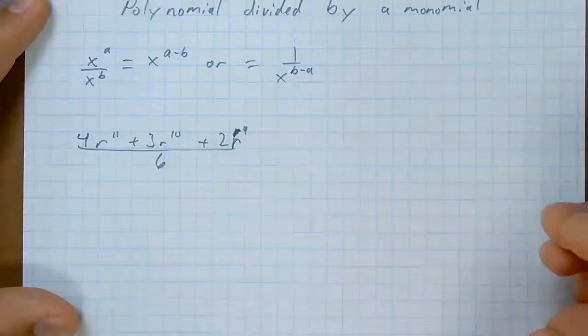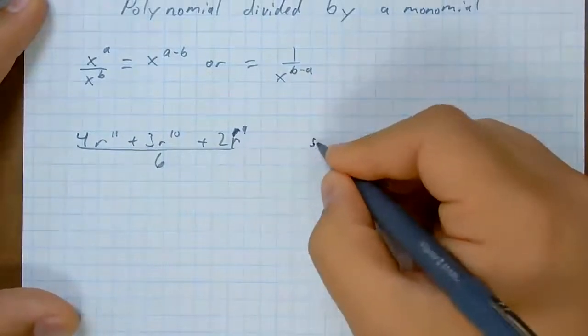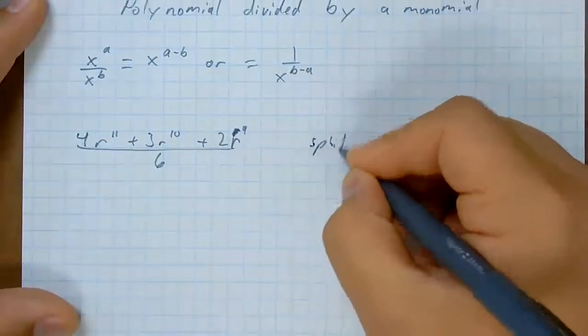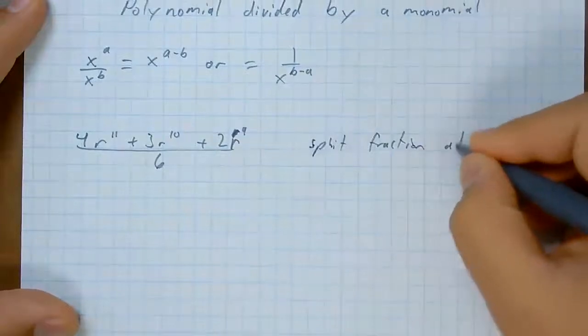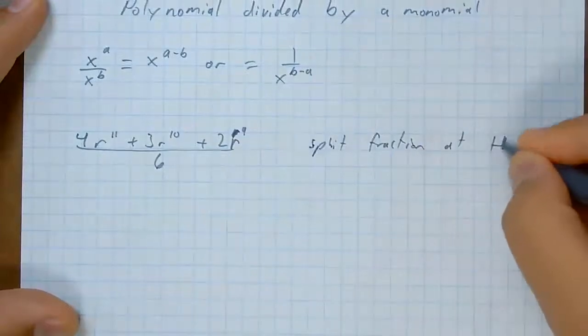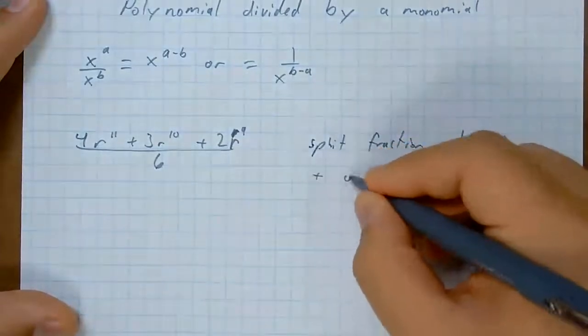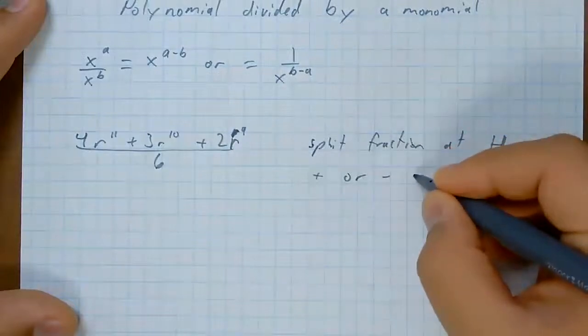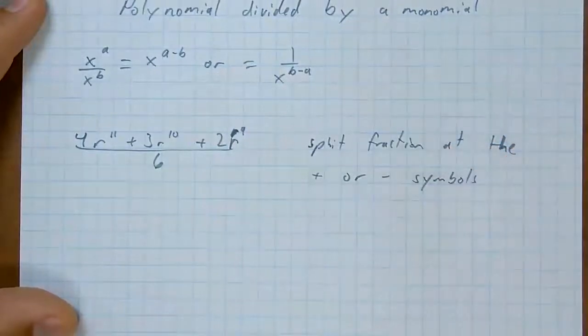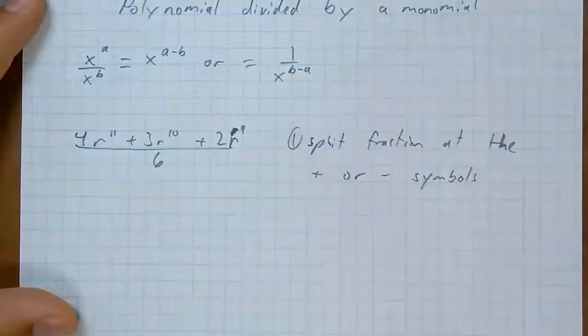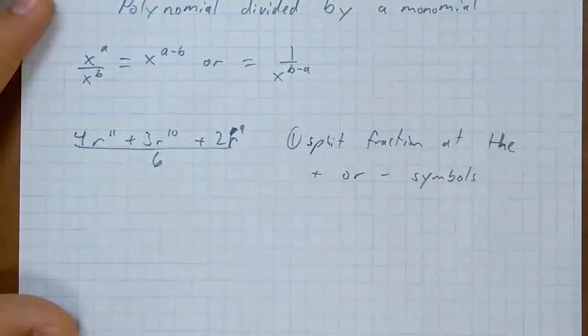This is actually a very simple process. All we have to do is split the fraction at the addition or subtraction symbols. That's all we're doing. Step 1, splitting the fraction at the addition or subtraction symbols.